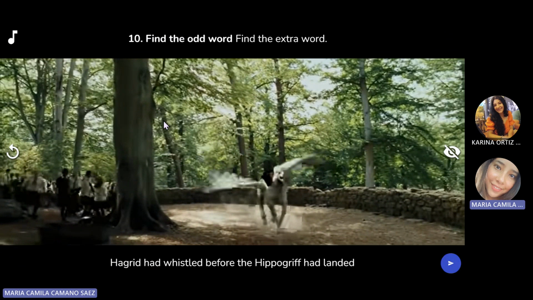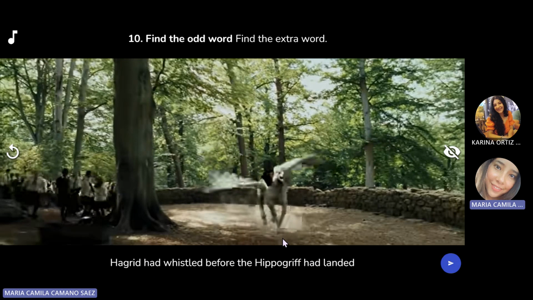Okay, find the odd word. Do you know what is the meaning of odd? The extra word. What do you think? We have an extra word here. Is hat. But which hat? The first hat or the second?